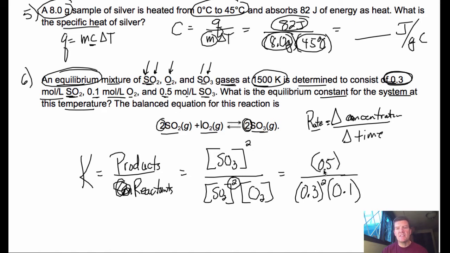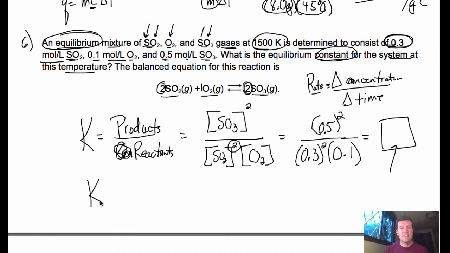That is also squared. So all you do on your calculator is you take 0.5 squared, divide by 0.3 squared, and then take that answer and divide by 0.1. And you're going to have a number, and there are no units, but that number is going to be your K constant, your constant. And remember, if that K is greater than 1, what does it mean?